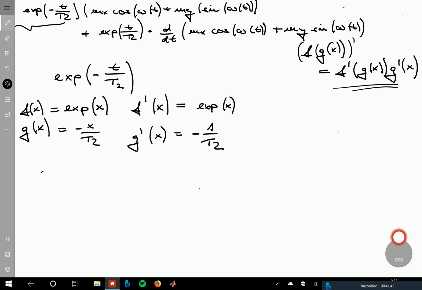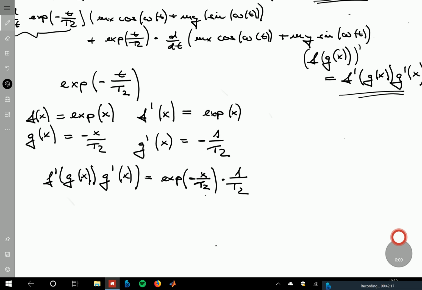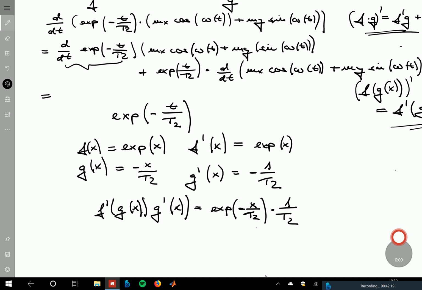So what is then f prime of gx times g prime of x? Exponential of minus t over t2. I'm using x now because we started with x, but t would be the x. Multiplied by minus 1. Exactly. And of course, this can be replaced by t, but I started here because I want a different argument.